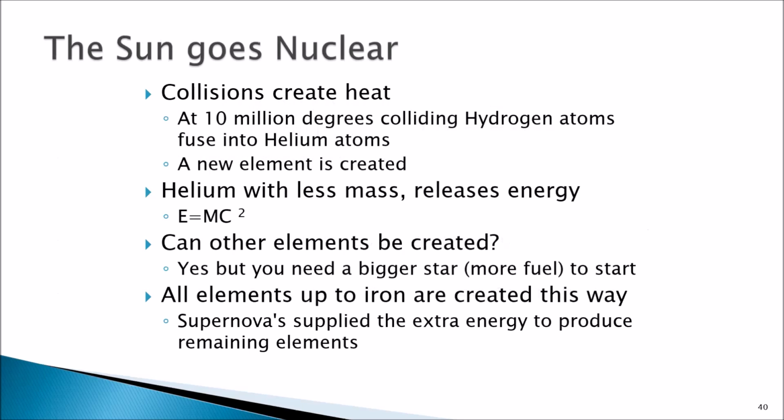So, sort of repeating this, at 10 million degrees, the colliding hydrogen atoms will fuse into helium, creating a new element. The helium with less mass is going to release energy, according to Einstein's famous E=mc².